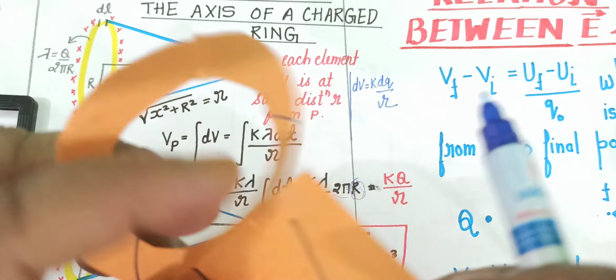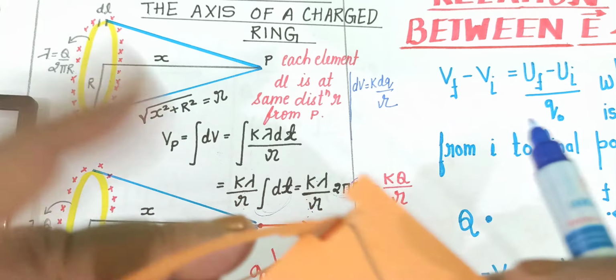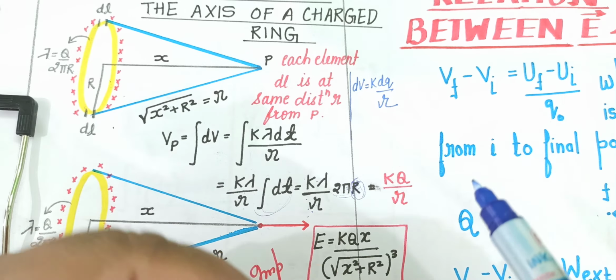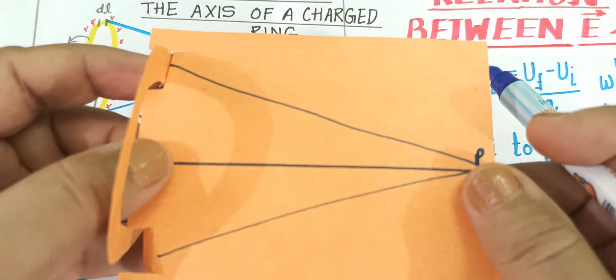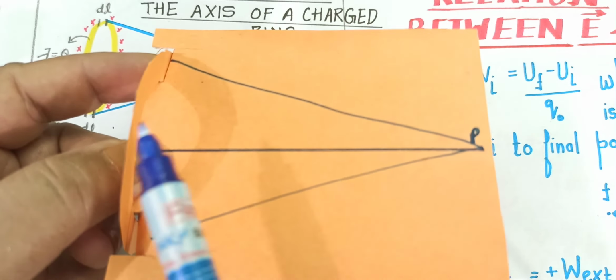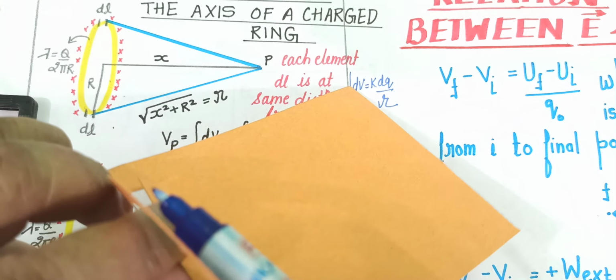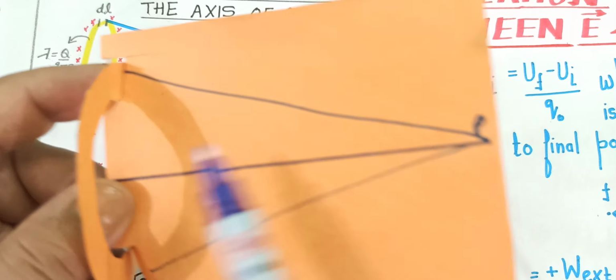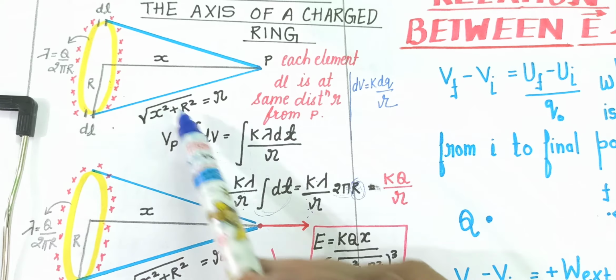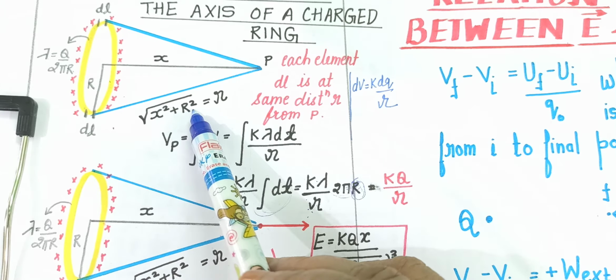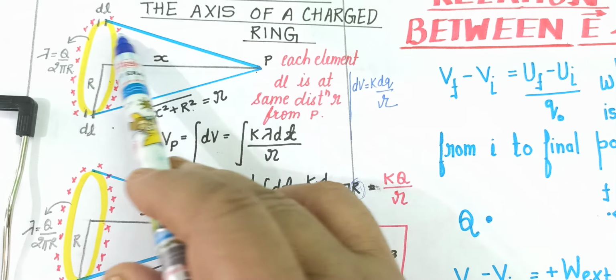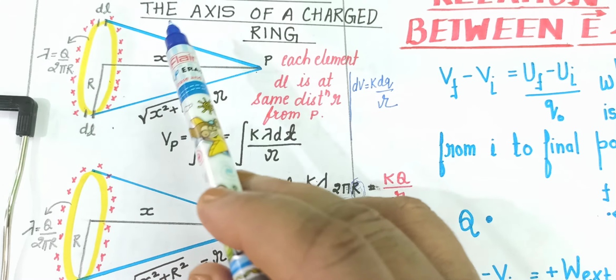Whether it is the element here or the element at the bottom, the same distance. So this small r is actually constant. P is at the same distance from all the elements.